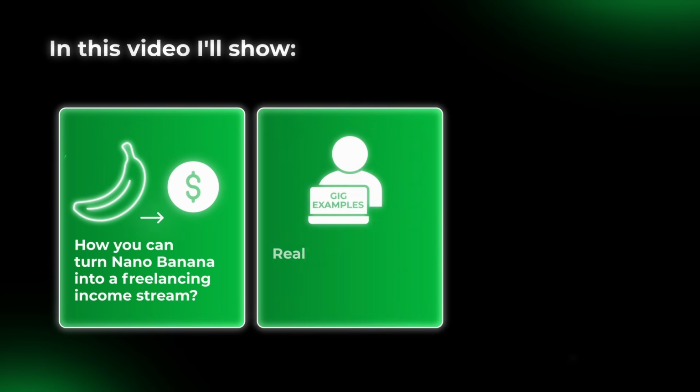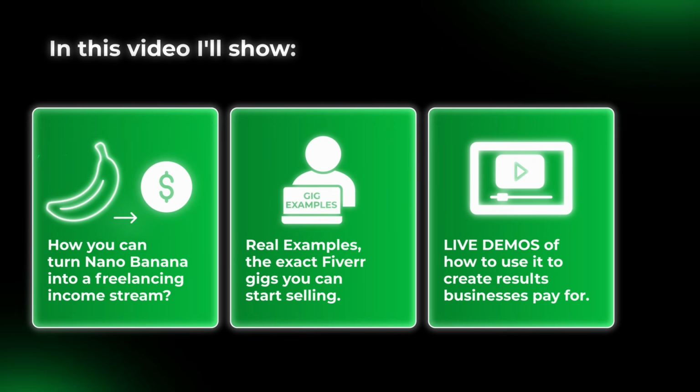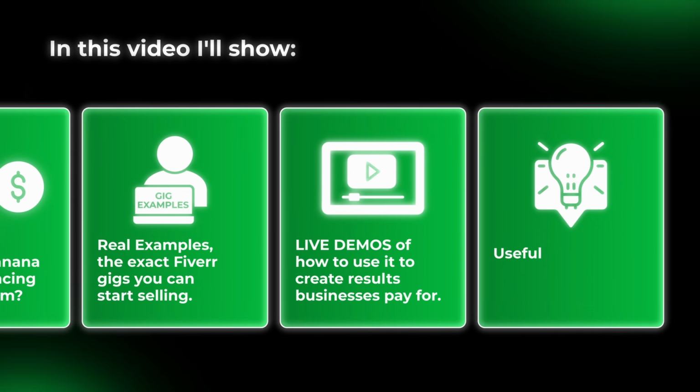We're going to go through real examples, the exact Fiverr gigs that you can start selling, and I'll even show you some live demos of how to use it to create results that businesses are willing to pay for. And stick around to the end because I'll also give you some tips on how to package and price your gigs so that you can actually scale this into something long-term instead of just a one-off side hustle.